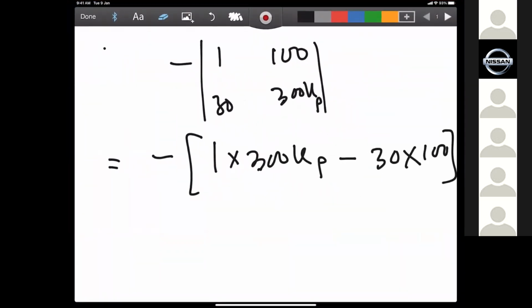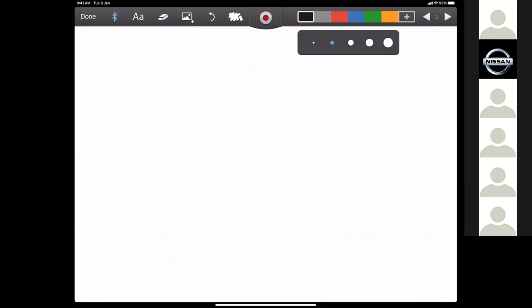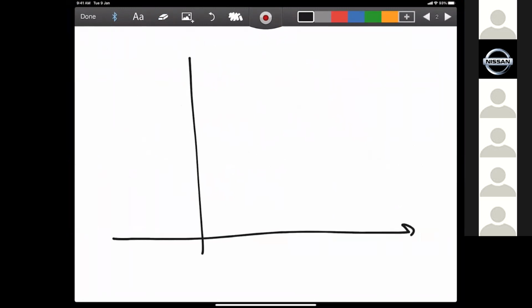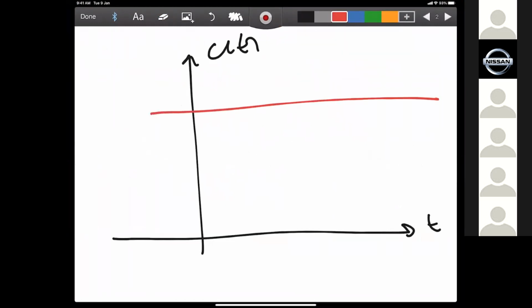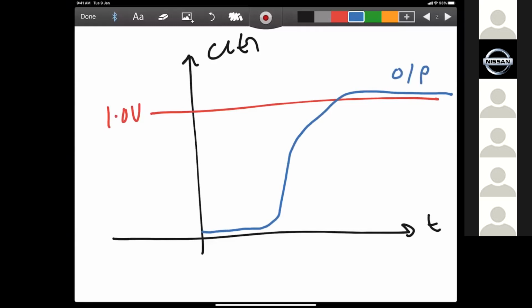For example, this is your response. This is your output, and this is your input, which is 1.0 volts. The red is input, the blue is output.